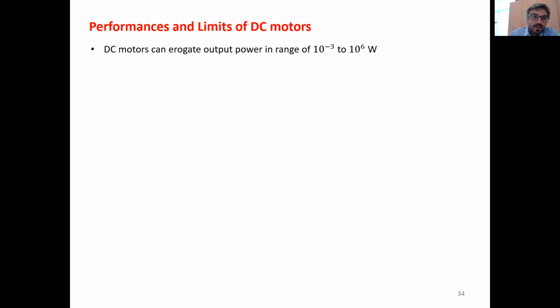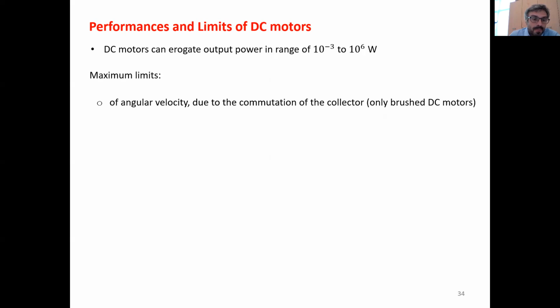So here are some performances and limits of DC motors. In general, the power can range very widely, from 10 to the -3 watts, very small micro motors, to 10 to the power 6 watts. In the case of brushed motors, as you know, we have sparks and problems with commutation, so we have a limit on the angular velocity also due to that.